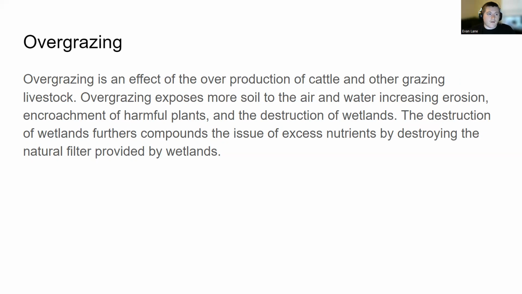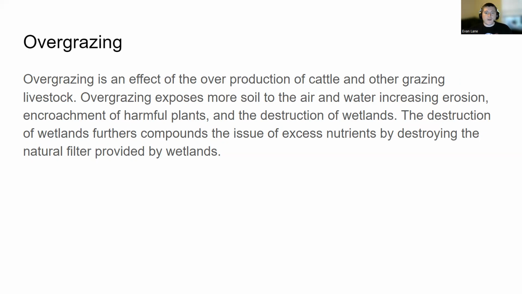They will eat it all. That exposes a lot of soil to the air and water, which increases erosion. And when this erosion occurs, it allows for the encroachment of harmful plants. Also, it moves into wetlands, drying wetlands and destroying the plant life there and the habitats for wildlife.